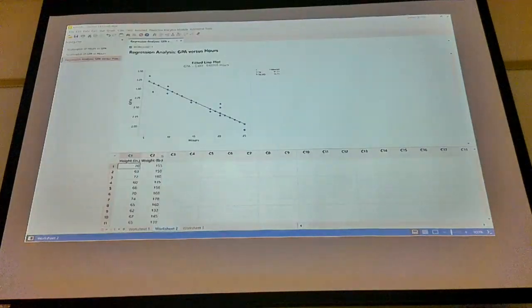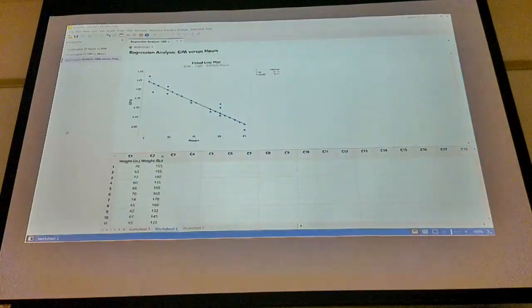I entered the data. How are we going to do it? Who remembers what we have to do? There are two ways. Let's say we want the equation.